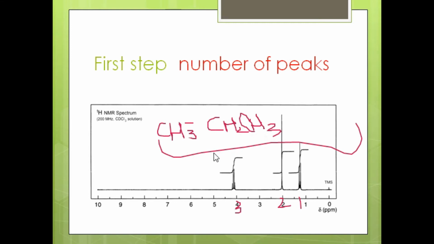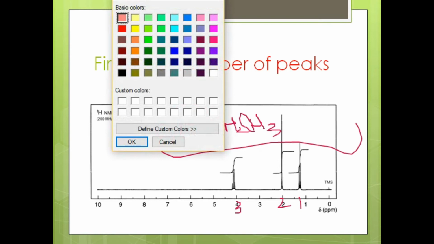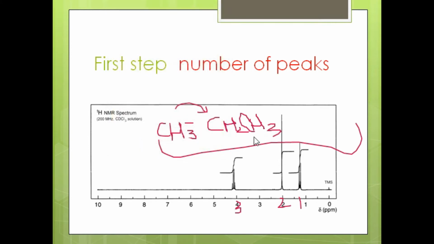But now, listen to me carefully, this is not the case. Here is a methyl group that is attached with a carbonyl. Here is a methyl group that is attached with the CH2 group. Now if we change the color a little, here is also a methyl group that is attached with a CH2 group.